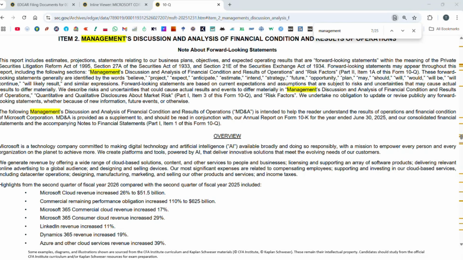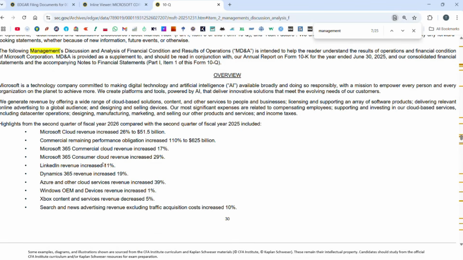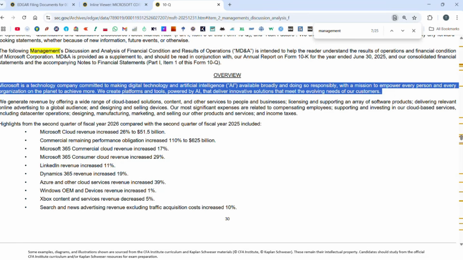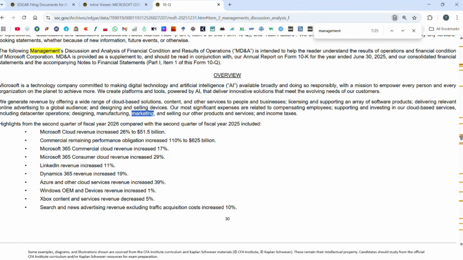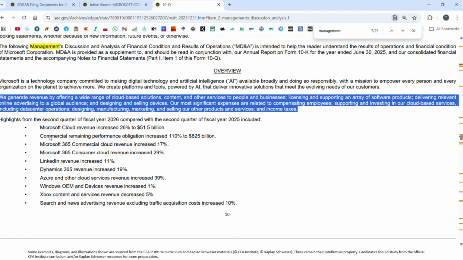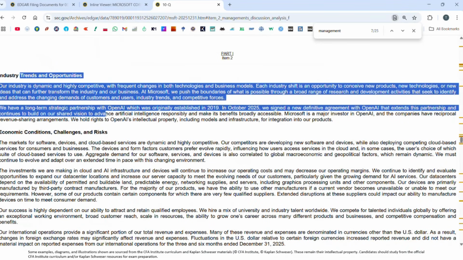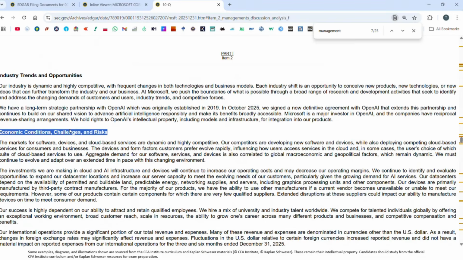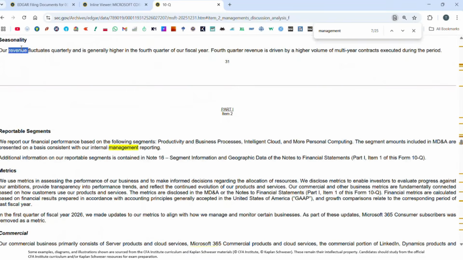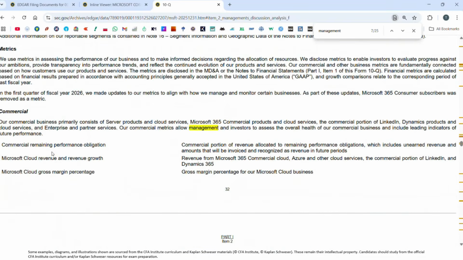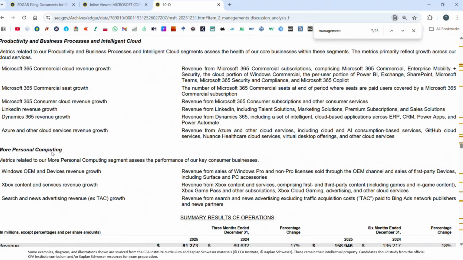I think in particular, you should read this, right? Highlights from the fiscal quarter, or the second quarter. This is something that the company is telling: what does Microsoft do? Where do we generate our revenue from? And what were the highlights from the prior quarter? And then if you see, there are industry trends and opportunities, economic conditions, seasonality in the business. All of this is information which is very important from a Microsoft perspective.